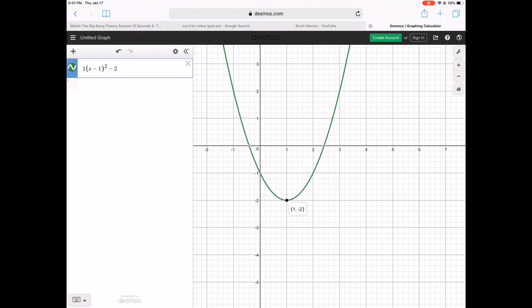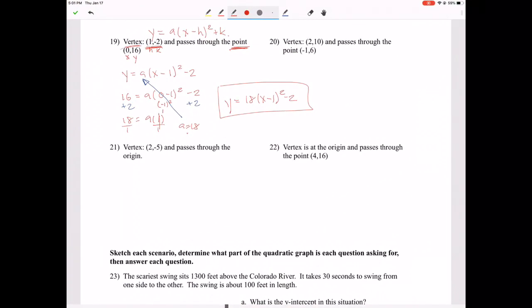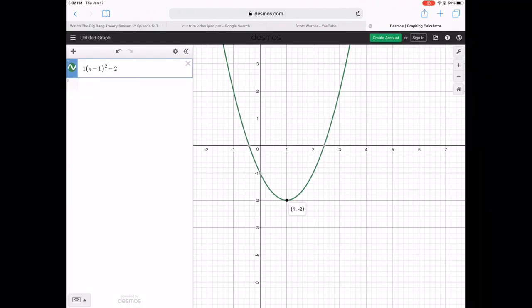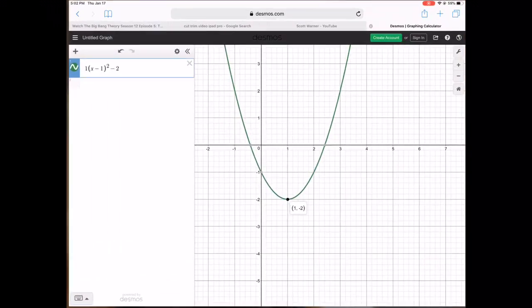If they do give you another point, then it fixes it. For example, the other point was 0, 16.